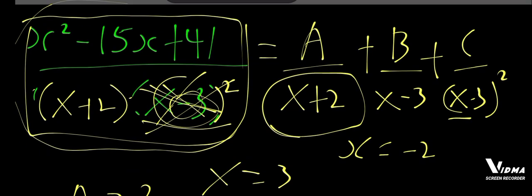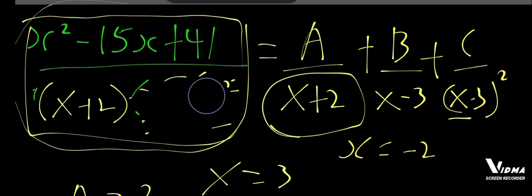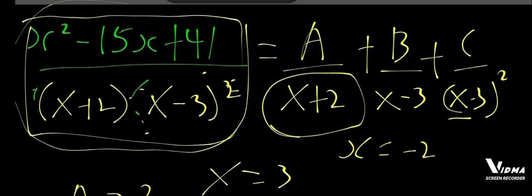So at this point, we are left with the value for b. Okay, we are left with the value for b here. And the only thing we can do here is to find an arbitrary value for x. And since we know our value for a, our value for c, we can just insert a value for x, an arbitrary value.